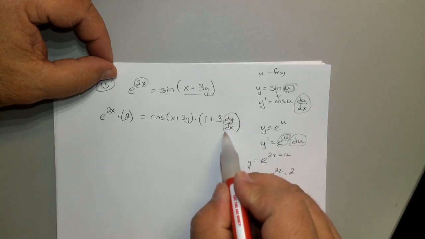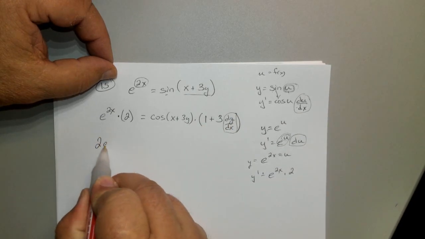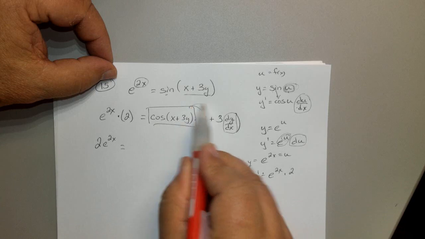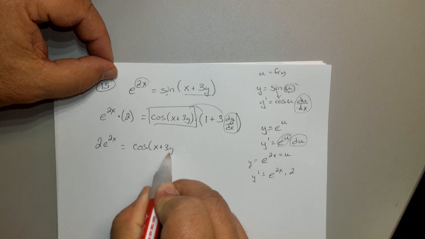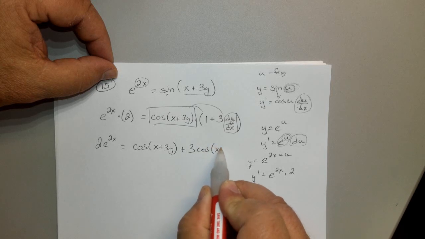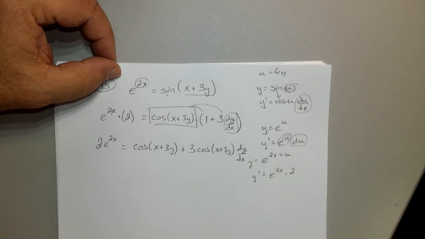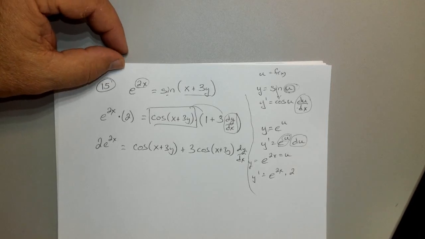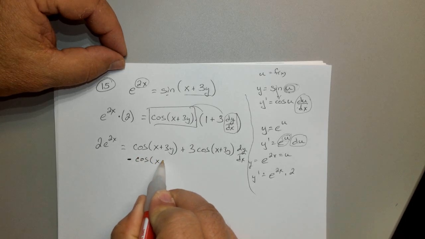Since I'm solving for dy/dx, I have to get rid of the parentheses. So we have 2e to the power 2x equals cosine of x plus 3y times 1 plus 3 cosine of x plus 3y dy/dx. The coefficient distributes to both of those. The non-dy/dx to the other side, so we subtract both sides with this.